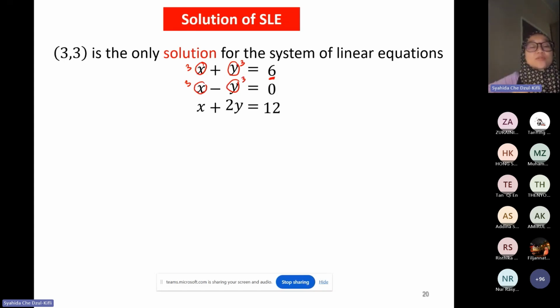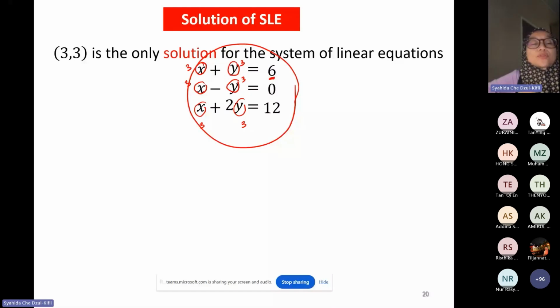So it also satisfies the second equation. You may do the same for the third. For the third equation, we are going to have x plus 2y equal to 12. So (3, 3) is also a solution for the third equation. So (3, 3) is a solution for the system of linear equations.